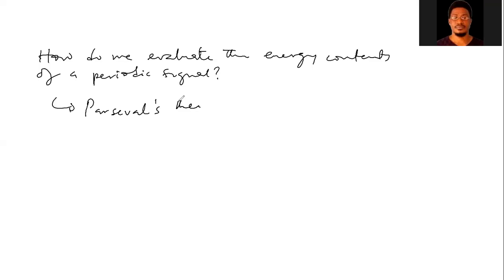And what does this theorem tell us? It tells us that the energy of a signal in the time domain, 1 over the time period t naught, the integral of the mod squared of that signal, gives us the energy.